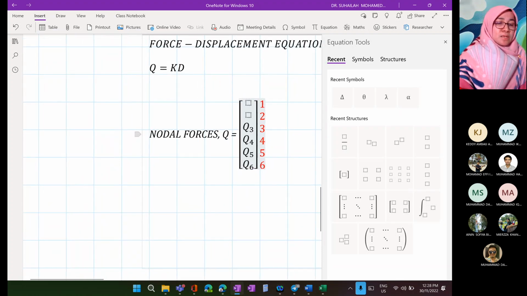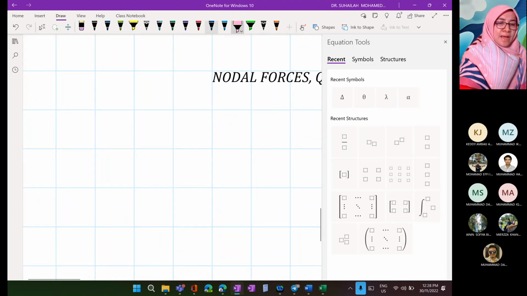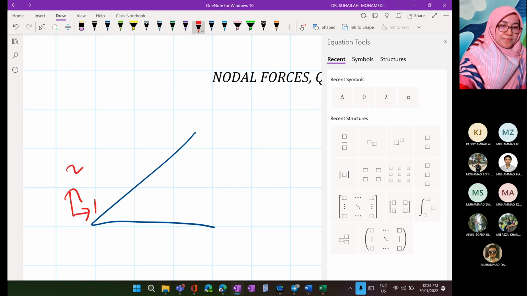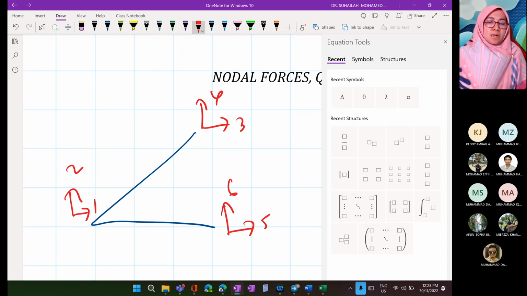For example, we have a diagram like this. We label as 1, 2, 3, 4, and 5, 6. This 1, 2, 3, 4, 5, 6 can represent forces. So we have Q1, Q2, Q3, Q4, Q5, Q6.